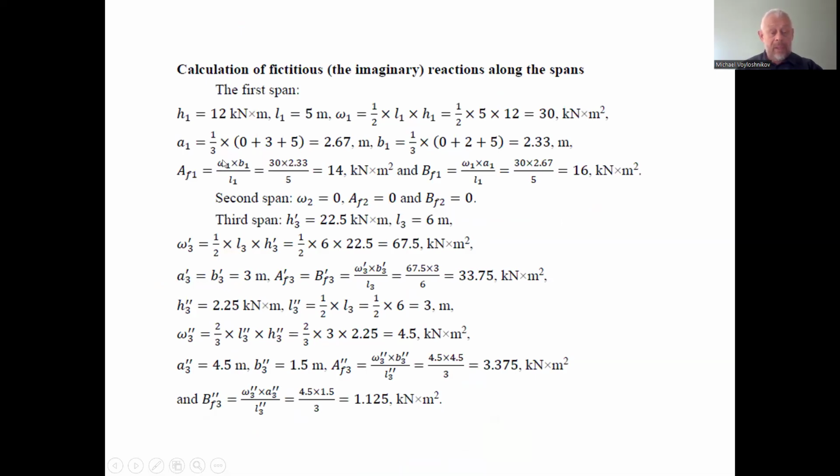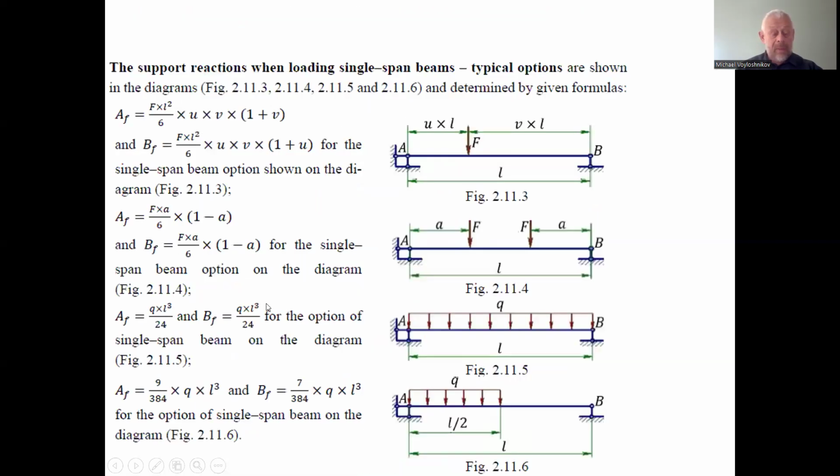Besides that, we can find the location of the center of area, which is very important for the determination of the fictitious load.